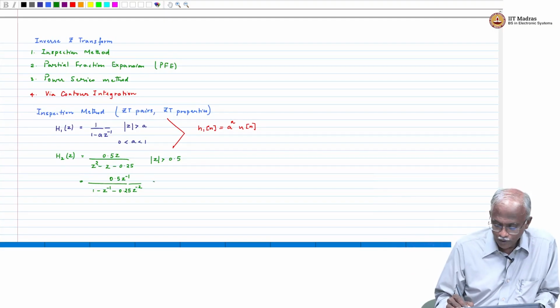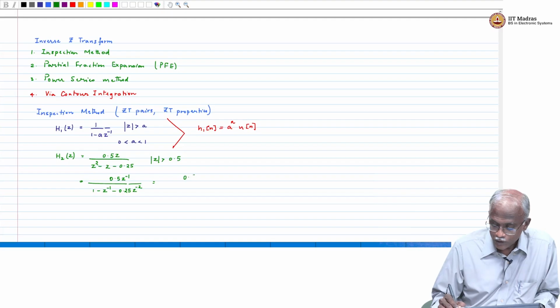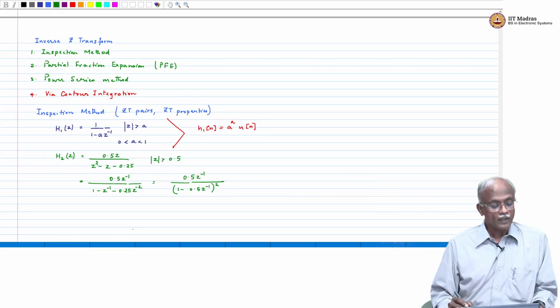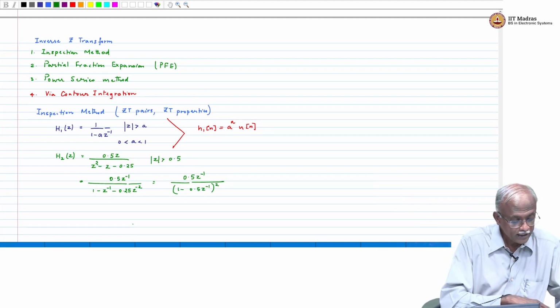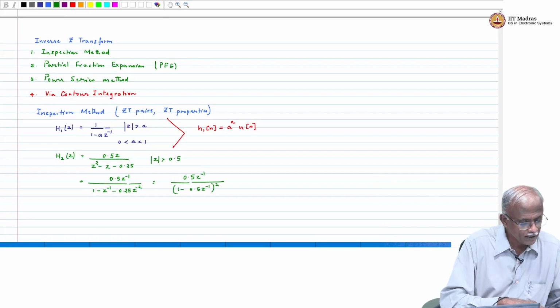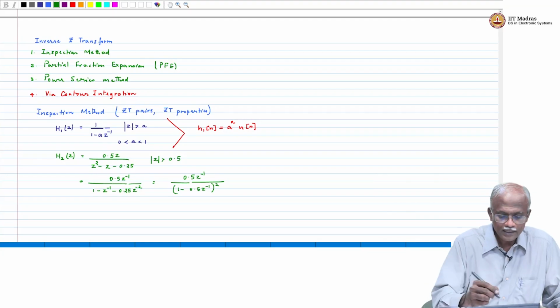So now the expression can be simplified or rewritten as 0.5 Z inverse divided by 1 minus 0.5 Z inverse, the whole squared. This is a form that we are familiar with, and that we can always exploit.